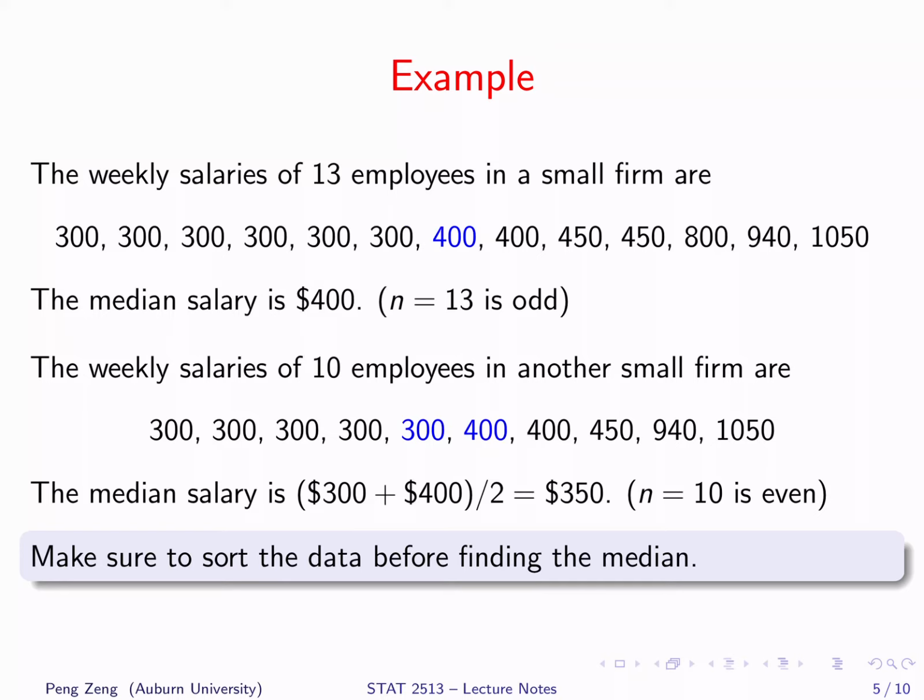So the median salary is 350 in this dataset. Make sure to sort your data before finding the median. In these two examples, the numbers have been sorted already, so we directly find the median. If the numbers are not sorted, we need to sort the data first.